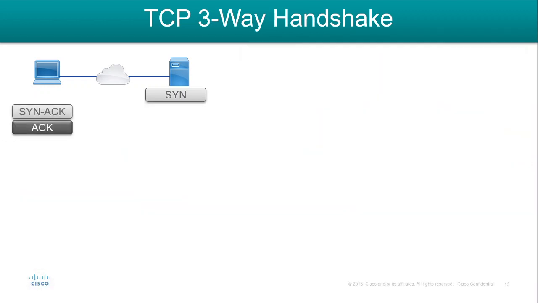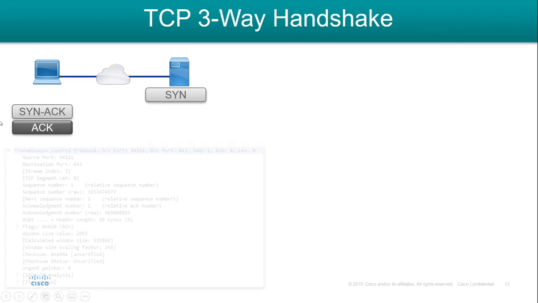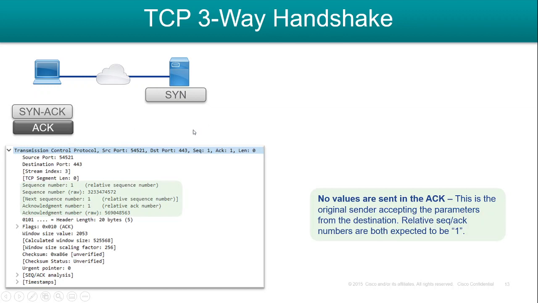Once our client receives this SYN ACK, it now must acknowledge those settings that were sent by the server. And this one is fairly straightforward. Again, we're only going to send a single ACK. Don't pay too much attention to my animation. If we were to look at the packet in Wireshark, there's really nothing that uniquely identifies this because a lot of packets are going to have just the ACK flag.